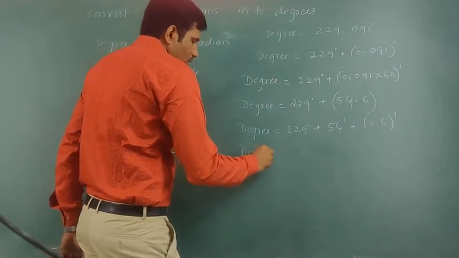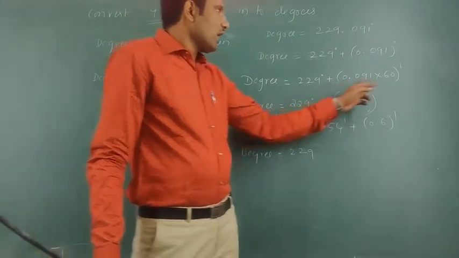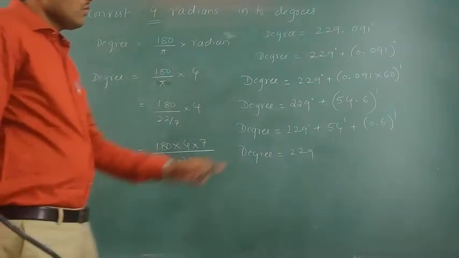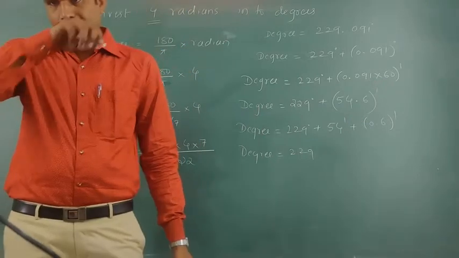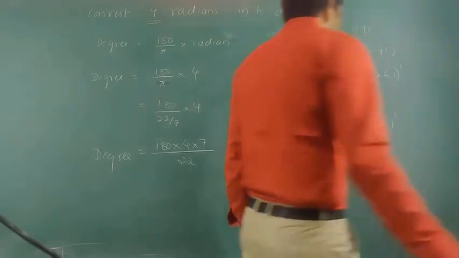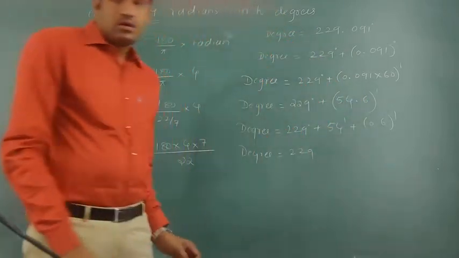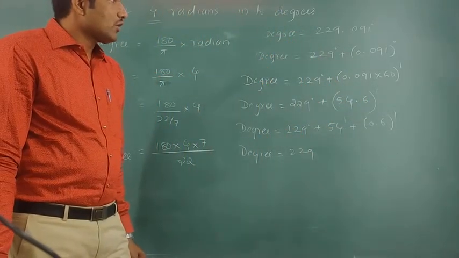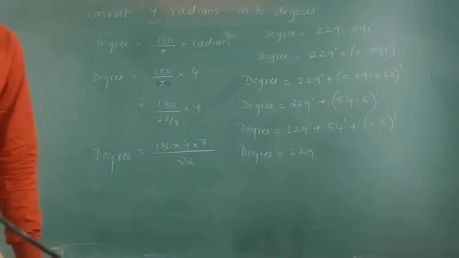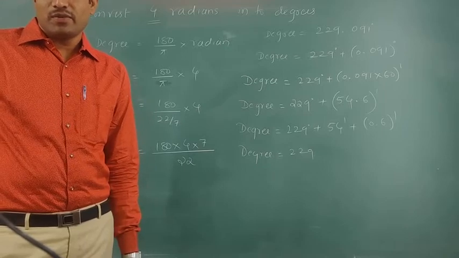Students are getting different answers for 0.091 into 60, such as 5.46 and 54.6. Everybody is having different companies' calculators, so you might be getting different answers.